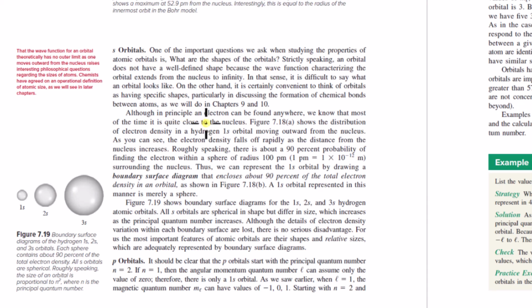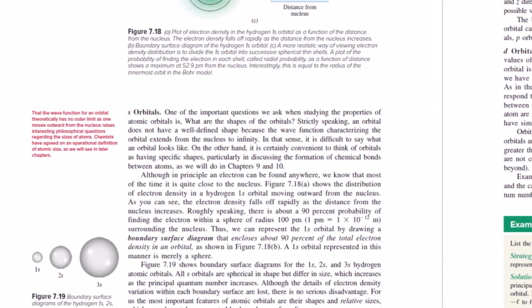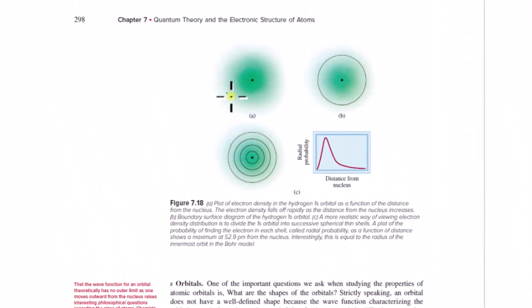Although in principle, an electron can be found anywhere in space, we know that most of the time it is quite close to the nucleus. Figure 7.18 shows the distribution of electron density in a hydrogen 1s orbital moving outward from the nucleus. Okay, so if we look here, just in general, we can see the distribution of the electron probability density going outward from the nucleus. But like they said, technically, this probability density extends to infinity.